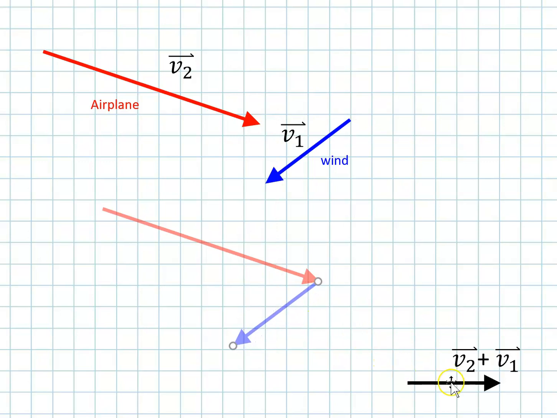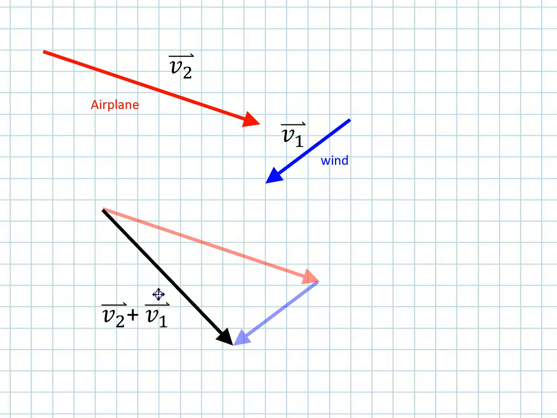Then here's my resultant vector in waiting, and I bring it so it starts at the tail of the first and goes to the tip of the second vector. This black arrow, representing the sum of the two vectors, is what the airplane actually is doing relative to the ground.